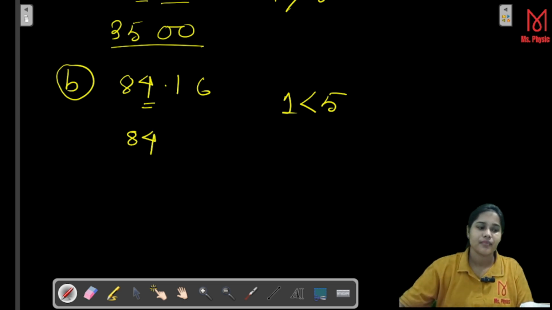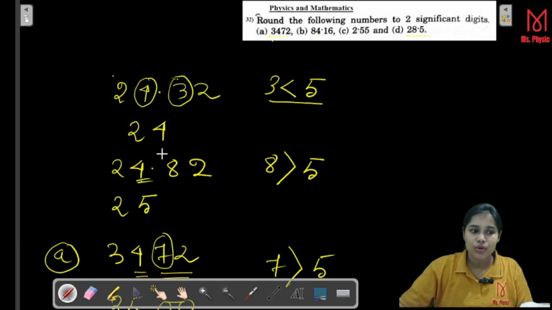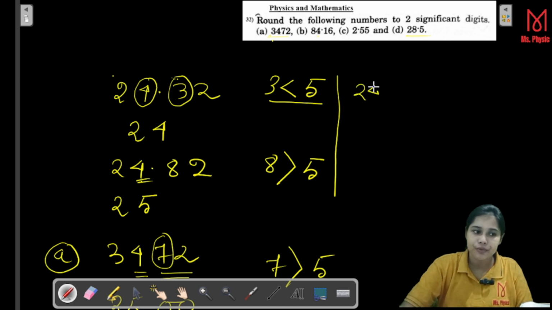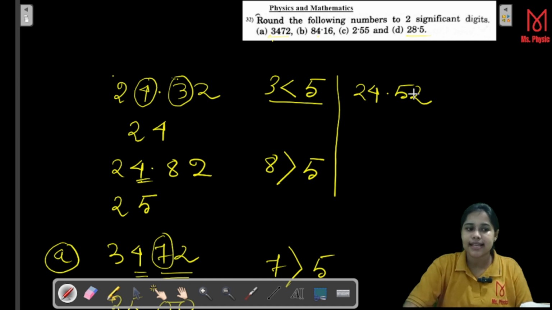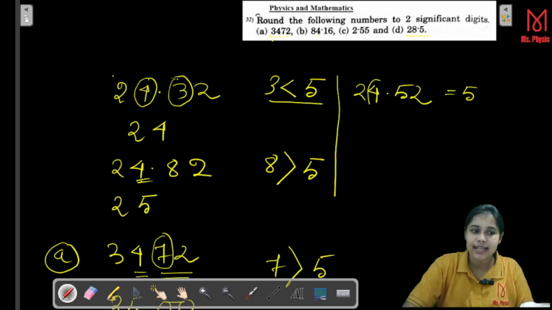Clear? Now, two more rules. Suppose I am giving an example, 84.52. In this case, you see that after 4 it is 5. So it is not greater than, not less than, but equal to 5. In this case, you have to check whether the digit before 5, the second digit, is even or odd.